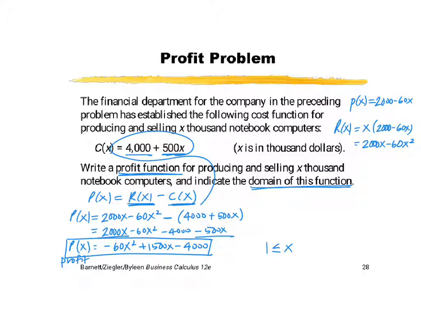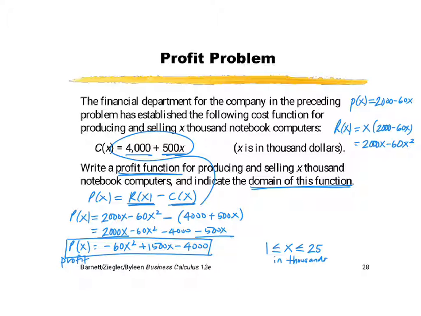So x is going to be greater than or equal to 1 and less than or equal to 25,000 items in the thousands. Oh, it was 25. So let's erase this. Okay, so x is greater than or equal to 1 and less than or equal to 25, and this x is represented in thousands.